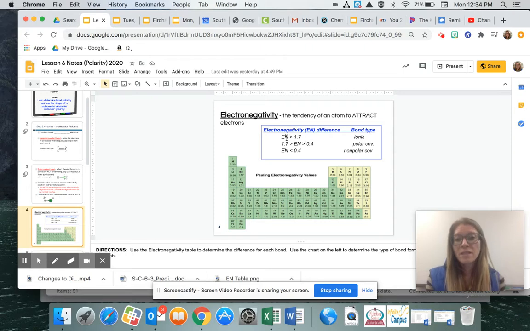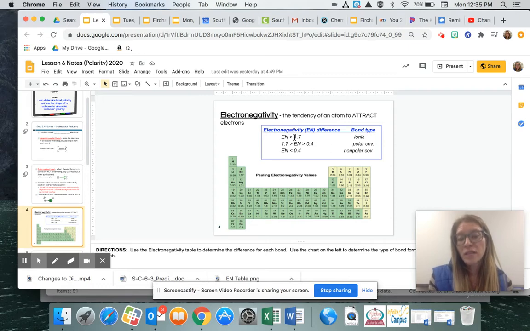So this chart will represent how to figure out if the bonds are ionic, polar covalent, or nonpolar covalent. So when you're looking at this table, you find the electronegativity difference. So in math, when you find the difference, you are subtracting the values. So you just find the two elements that you're comparing. You take the higher number minus the lower number, and you find the difference.